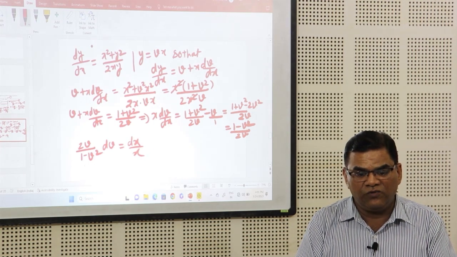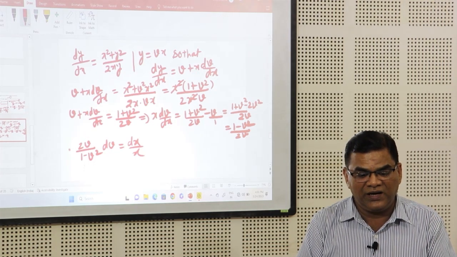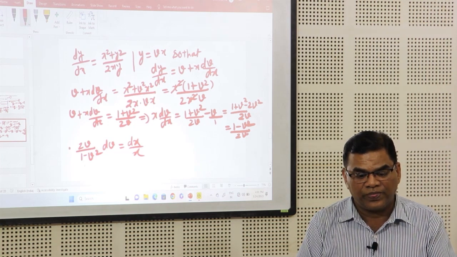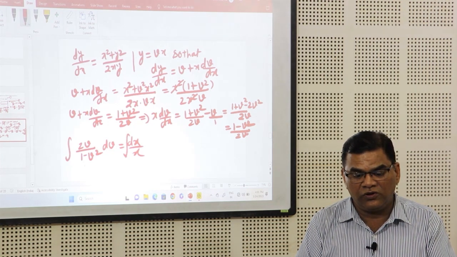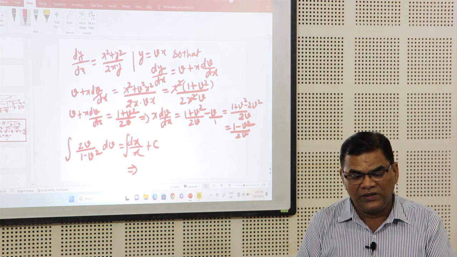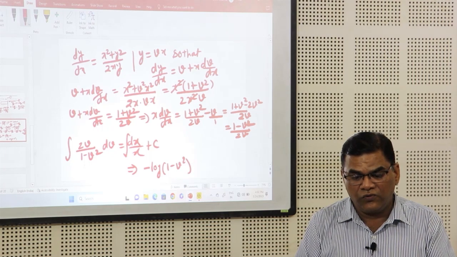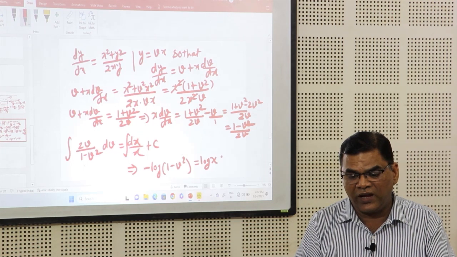So, ultimately the given equation is reduced to the variable separable form, and here we can easily integrate it and get the solution. We integrate both sides and put the constant of integration. The integration of the left hand side term will be minus log of (1 minus v square) is equal to log of x, since the integration of dx upon x is log x, and the constant of integration is as it is.